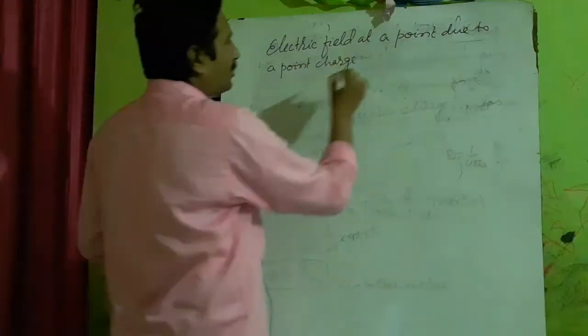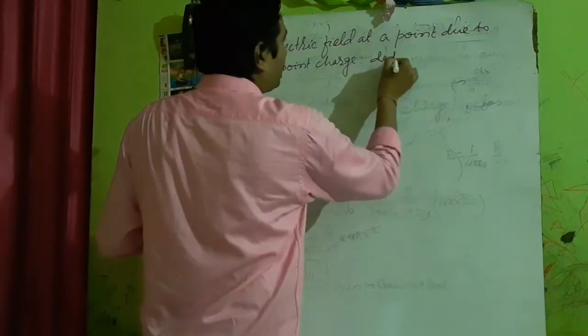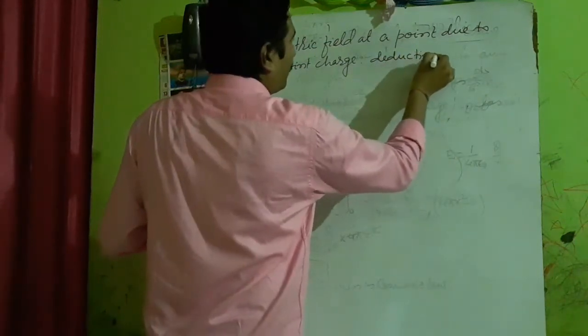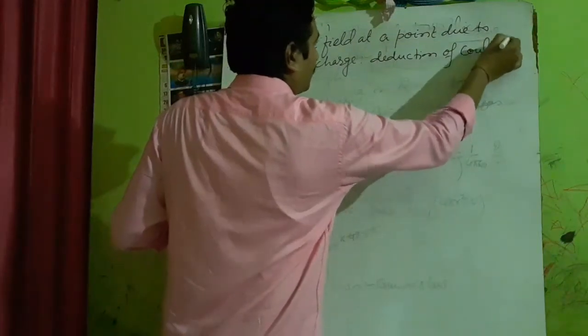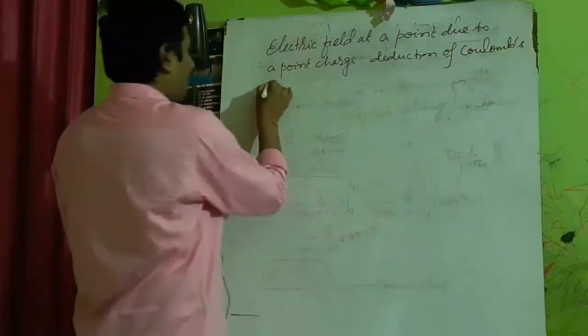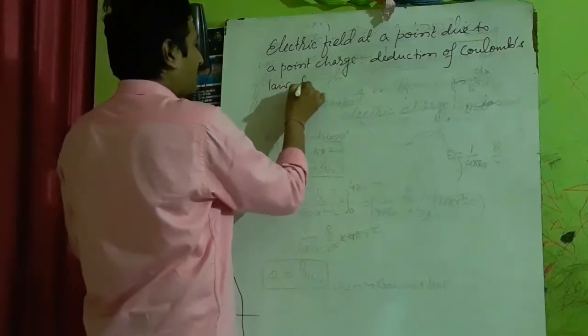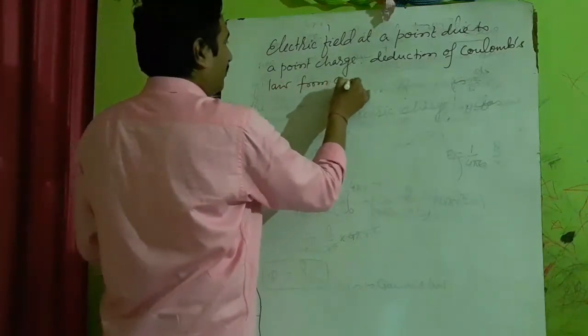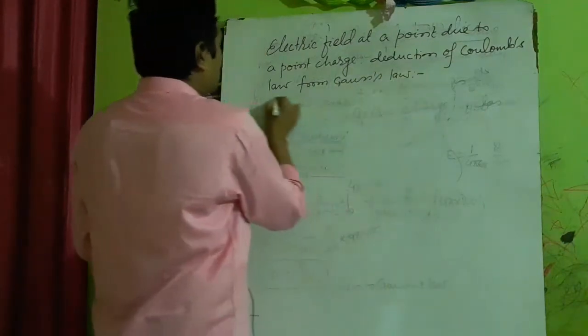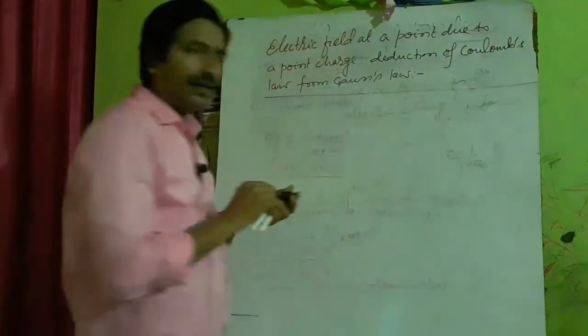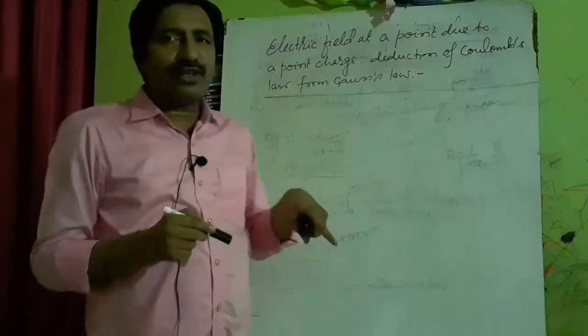And under this section we deduce Coulomb's law from Gauss law. Means by using Gauss law we will derive Coulomb's law. Here we have derived Gauss law by using Coulomb's law.